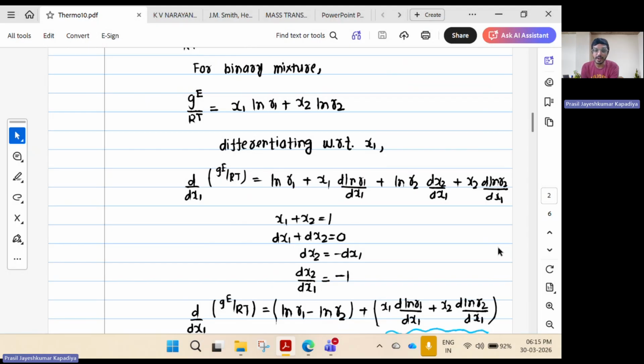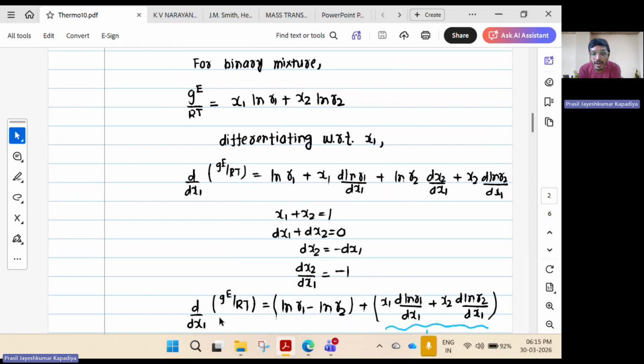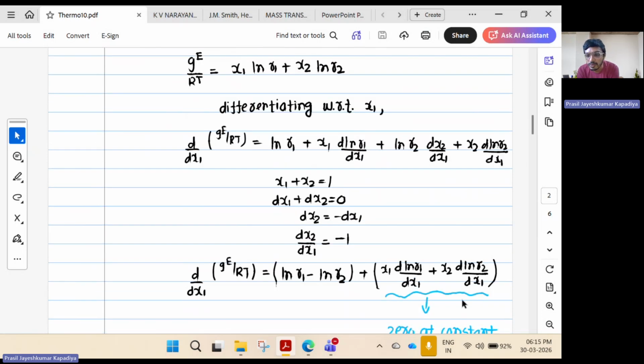Now we know that x1 plus x2 is equal to 1, so the differential of x1 plus the differential of x2 should be 0. So dx2 is equal to minus dx1, and dx2 by dx1 is minus 1. So d by dx1 of G by RT is equal to ln gamma 1 minus ln gamma 2 plus x1 d ln gamma 1 by dx1 plus x2 d ln gamma 2 by dx1.